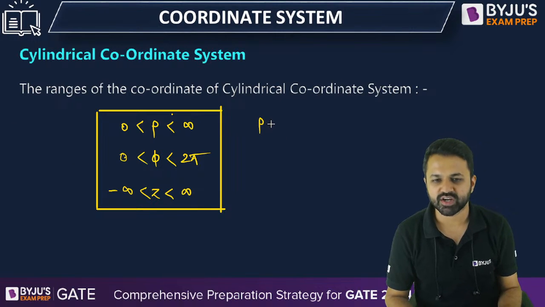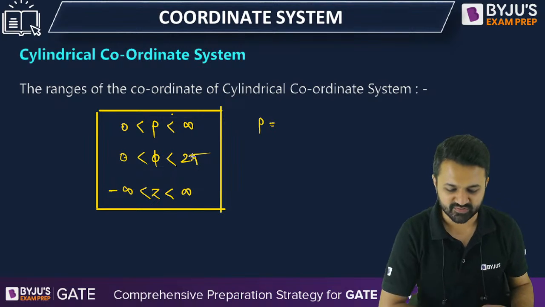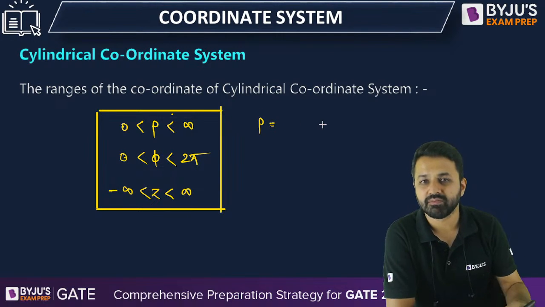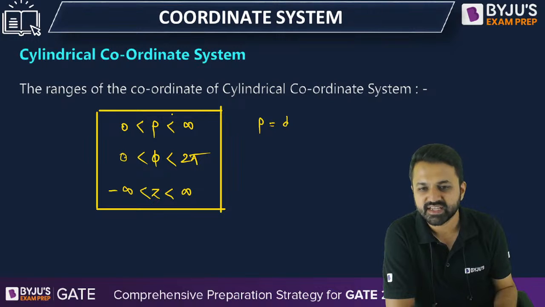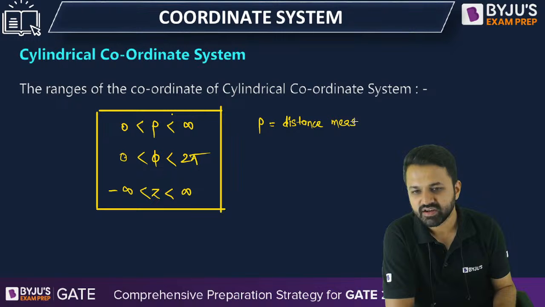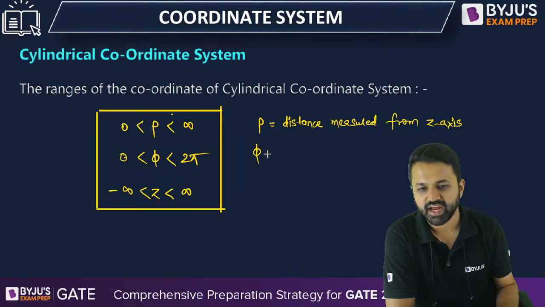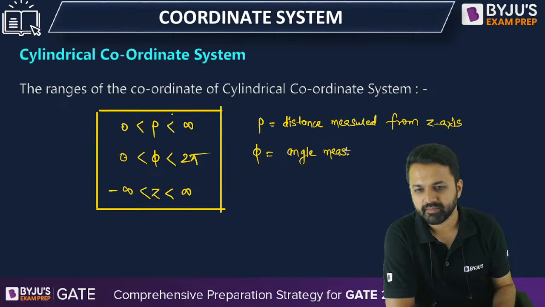And if I ask you what rho is, then don't call it the radius of the cylinder. Basically, if you remember this, rho is defined as the distance measured from the z-axis, then you will never get confused. And phi is the angle measured from the x-axis, in the xy plane only.